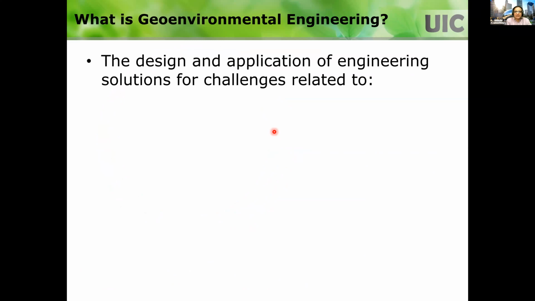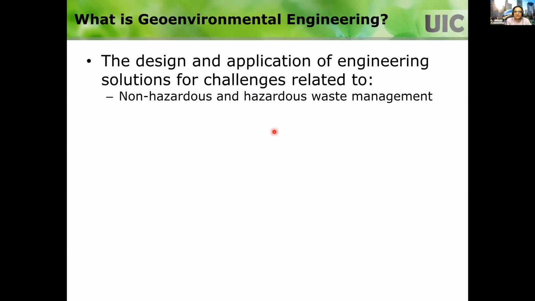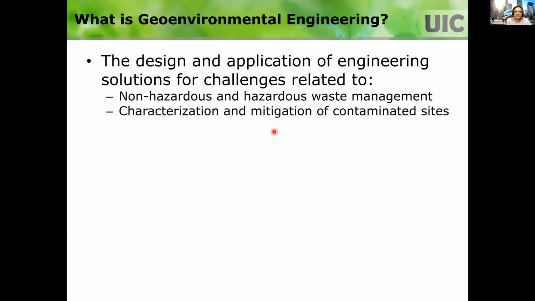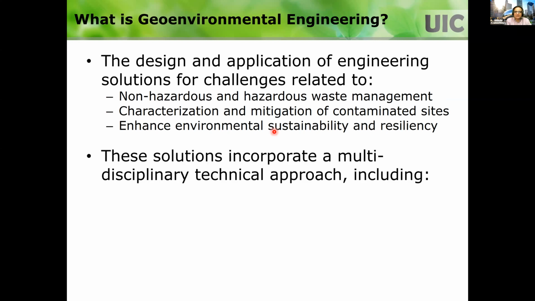So geoenvironmental engineering is nothing but designing and applying engineering solutions to the problems that we deal with. The problems in geoenvironmental engineering are non-hazardous and hazardous waste management, characterization and mitigation of contaminated sites, and enhancing environmental sustainability and resiliency. These are kind of broad challenges that need solutions, and geoenvironmental engineering provides this.